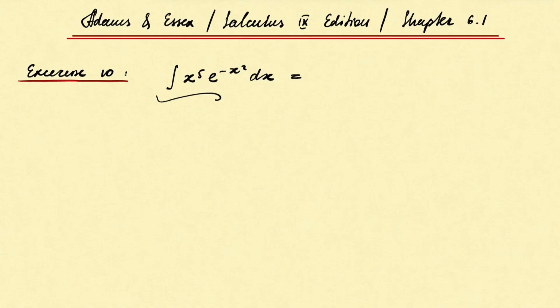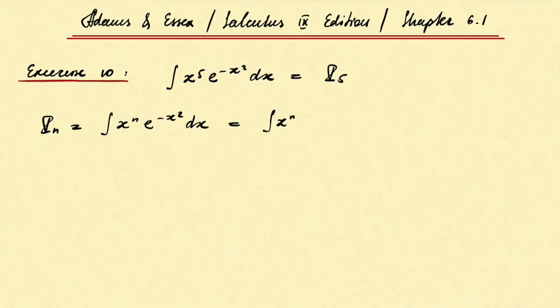We can write this integral as I5, where In will be equal to the integral of x to the power of n e to the minus x squared dx. We can write this integral as x to the n minus 1 multiplied by x times e to the minus x squared. I didn't do something special here.